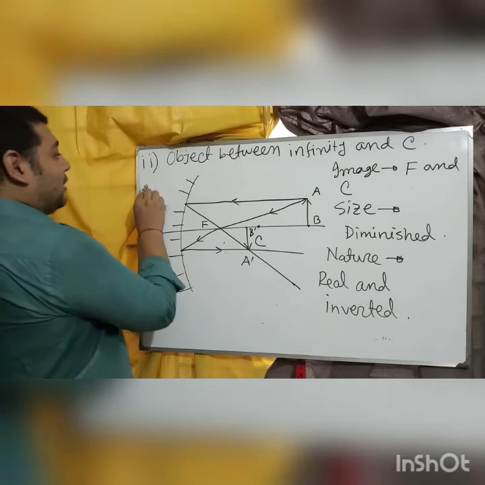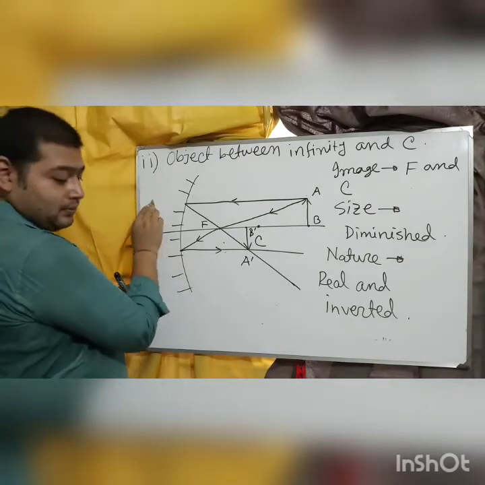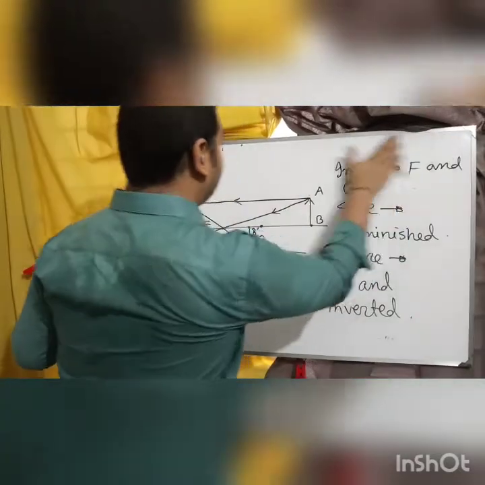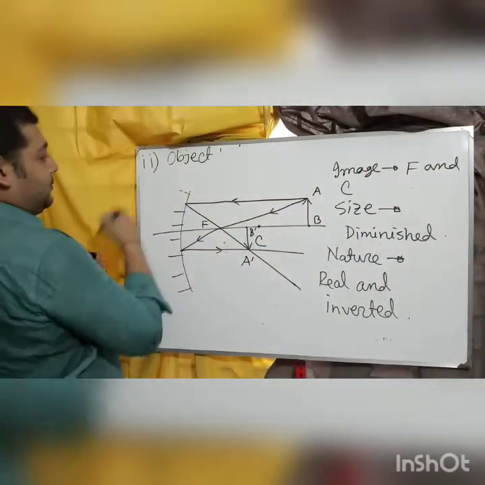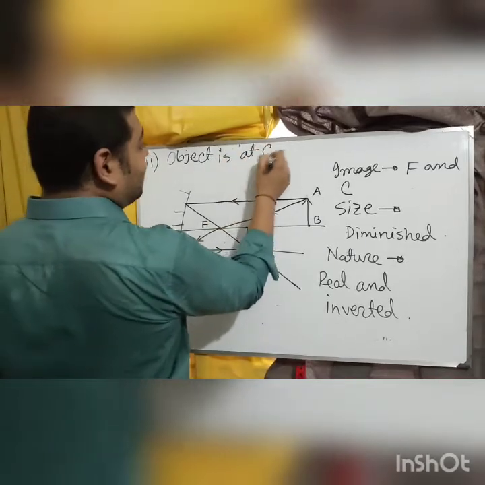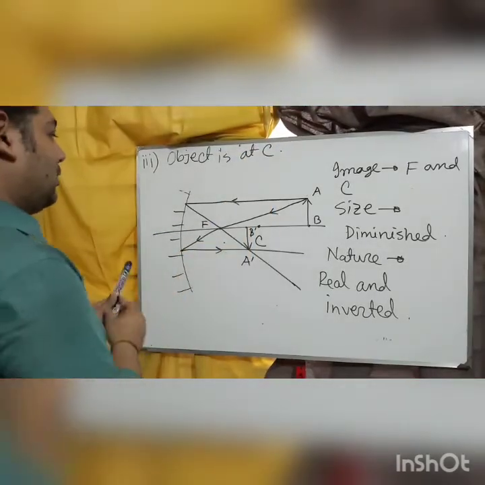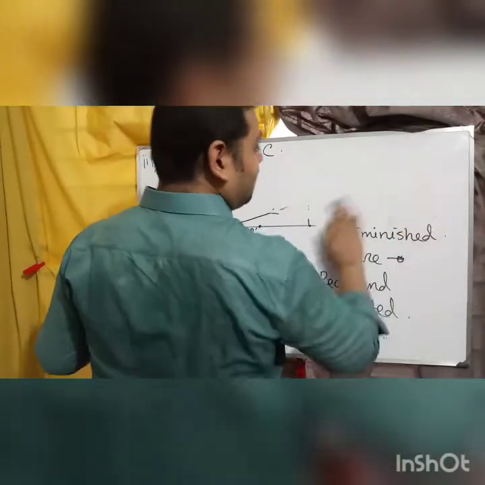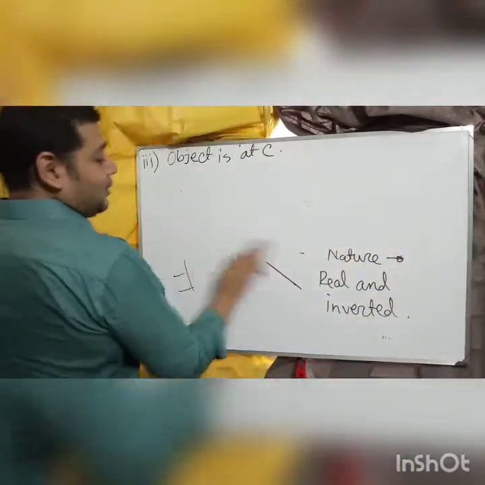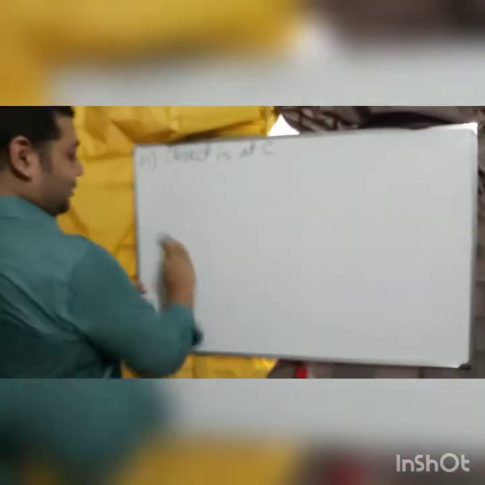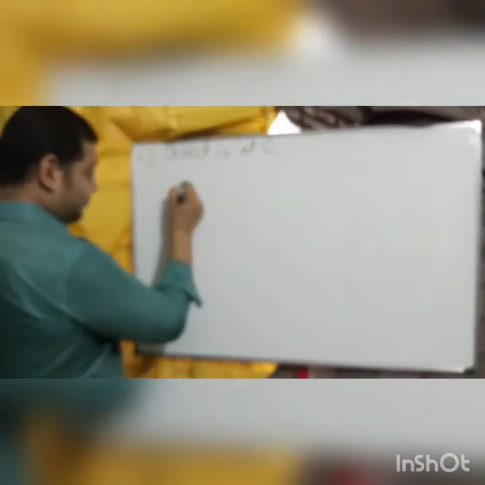So number 3, object is at C. This time, the object will be at the center of curvature point.